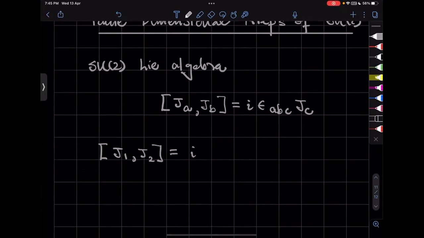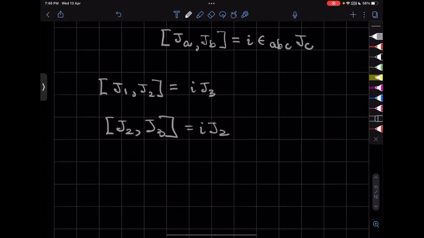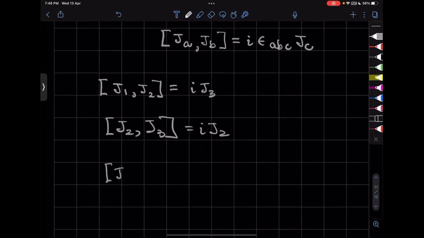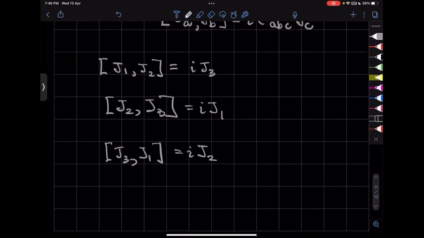The commutator of J1, J2 is i J3. J2 commutator J3 is i J1. And then J3, J1 is i J2. And all the other ones, of course, are 0.